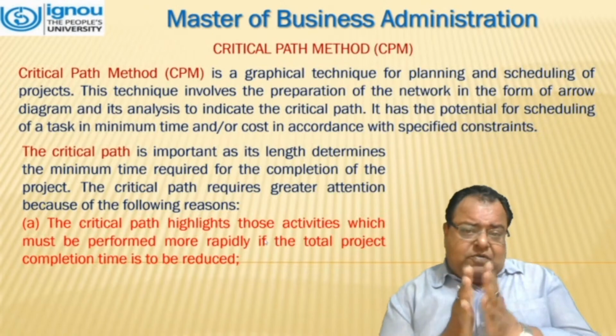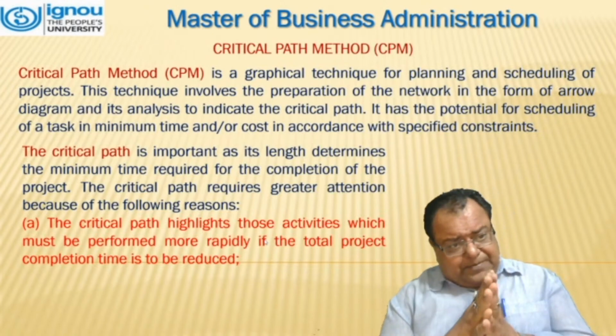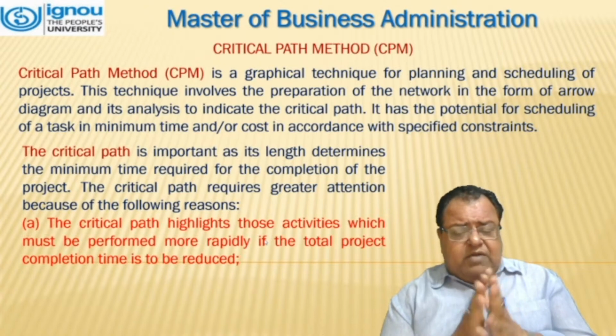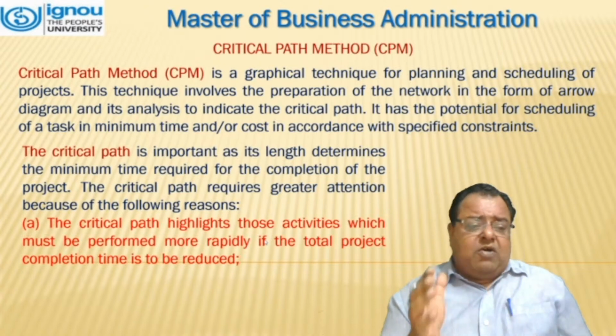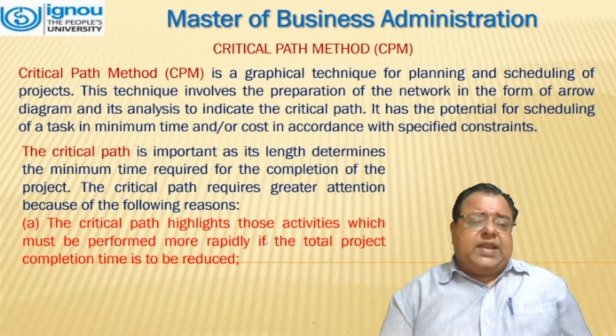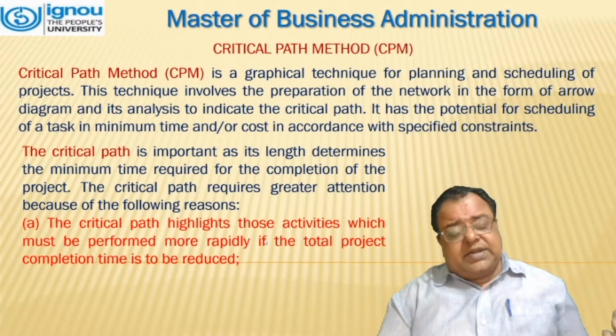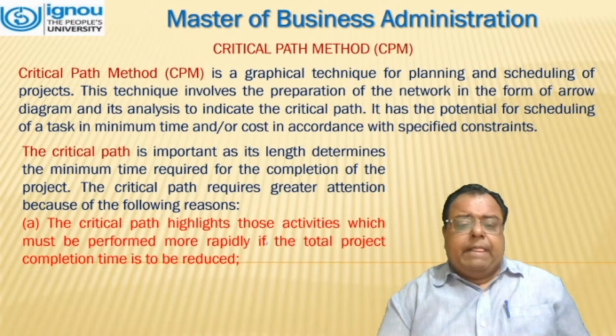Now we move to the critical path method. Critical path method is a graphical technique for planning and scheduling of the project. This technique involves the preparation of the network in the form of an arrow diagram, and its analysis is to indicate the critical path.